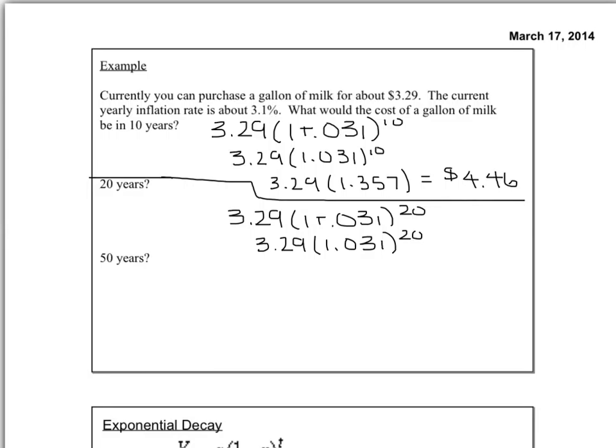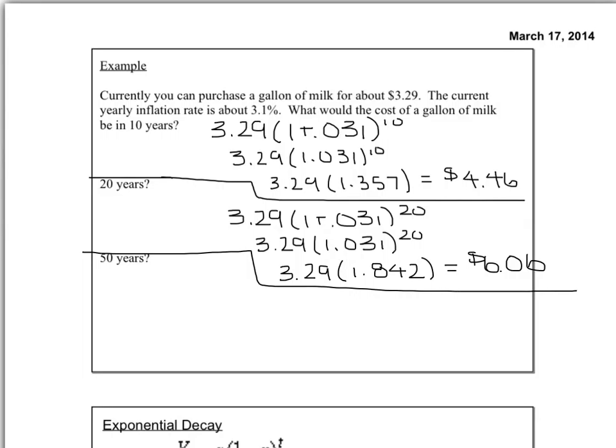Then 1.031 to the 20th power is 1.842. So I have 3.29 times 1.842. A gallon of milk, if it continues at that same inflation rate of 3.1%, will be $6.06 in 20 years.